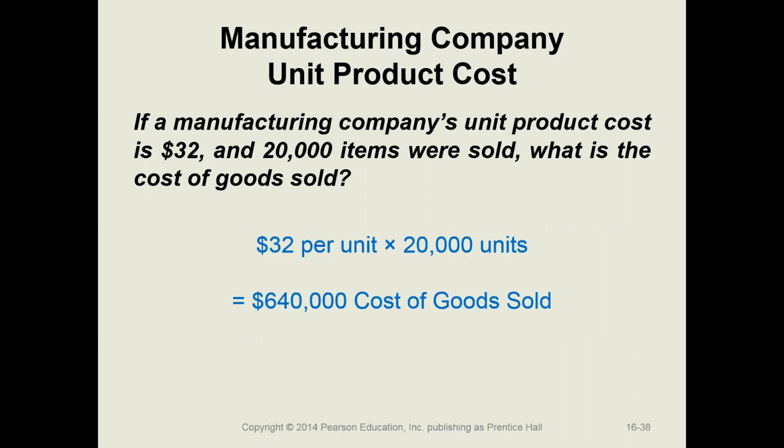If the number of items that we made and the number of items we sold are the same, in other words, if we sold everything that we made, the cost of goods manufactured would equal the cost of goods sold. But it's going to be different if we didn't sell all of the items that we made. Then there will be a difference between cost of goods manufactured and cost of goods sold.